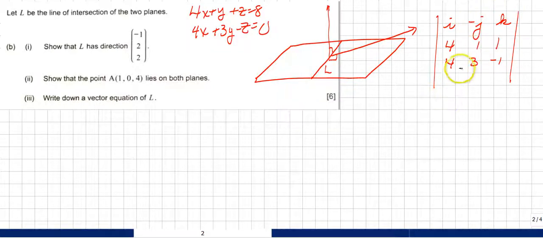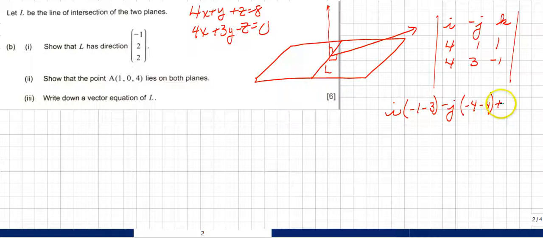So to find this cross product, for i, you cover up the row and the column, and you cross and subtract. So if you cover up the row and the column, we got 1 times negative 1, which is negative 1, subtract 3 times 1, going in that direction. All right, for the j, negative, so we cover up that column, and we got 4 times negative 1, subtract 4 times 1.